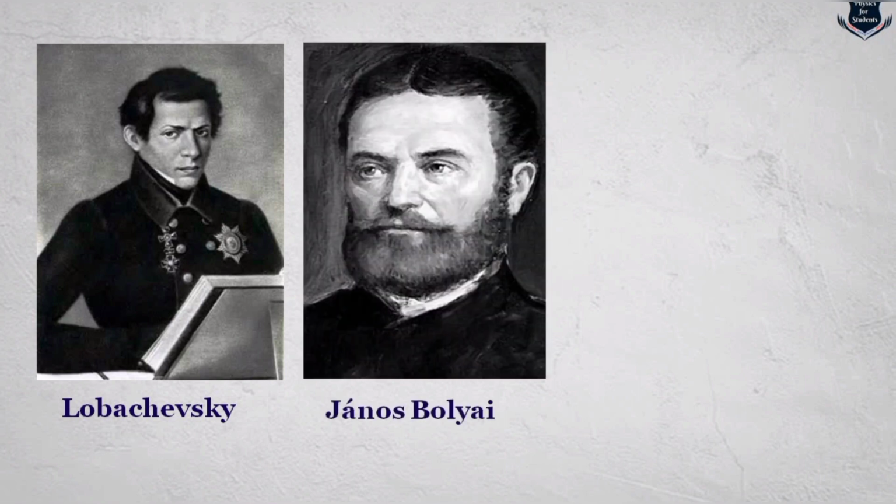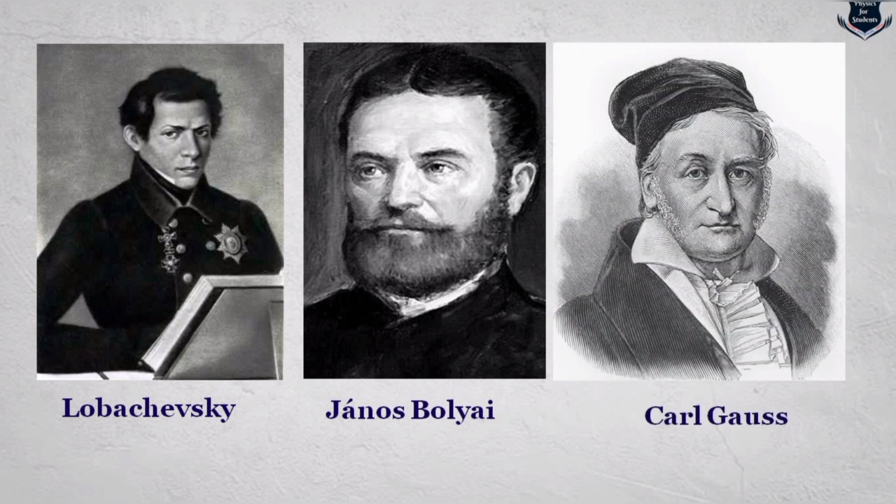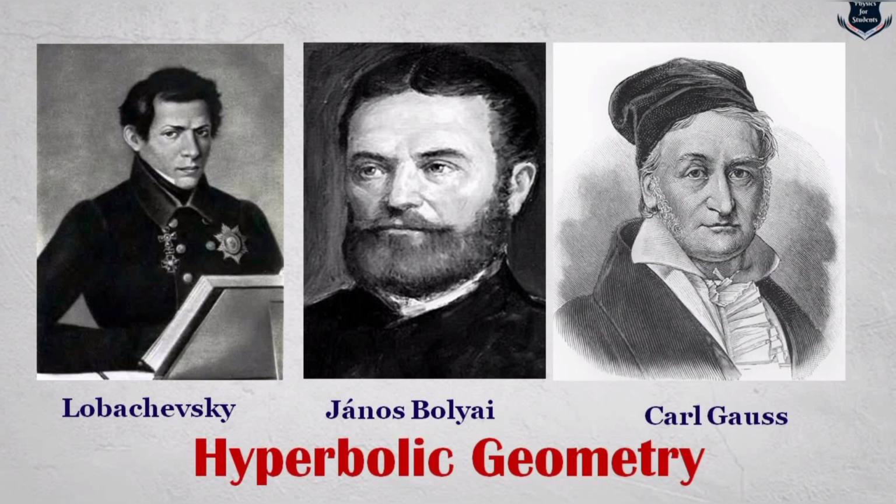So Lobachevsky, along with the Hungarian mathematician János Bolyai and the famous Carl Friedrich Gauss, founded what is called hyperbolic geometry. These three eminent figures contributed towards hyperbolic geometry, and as we will see, this triggered off the very starting point of differential geometry.